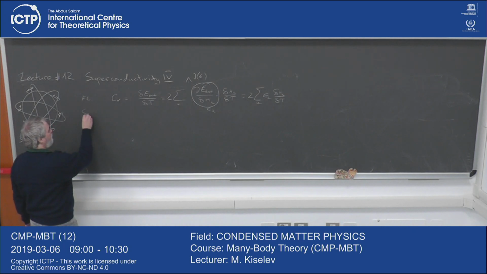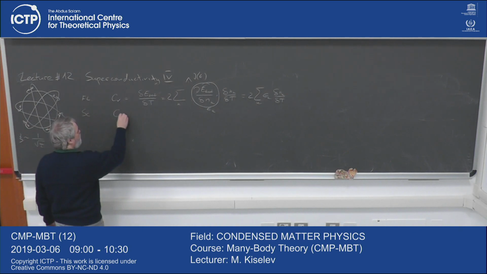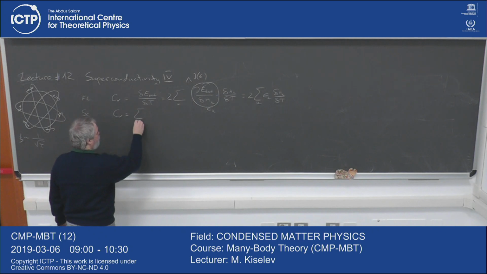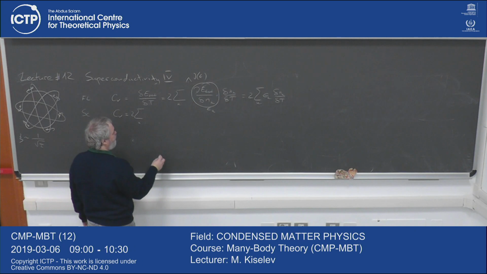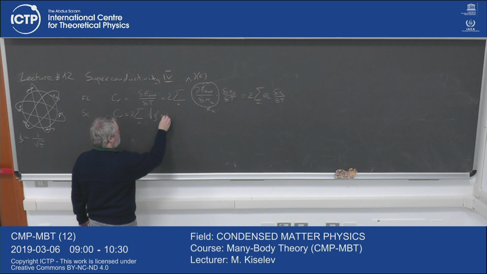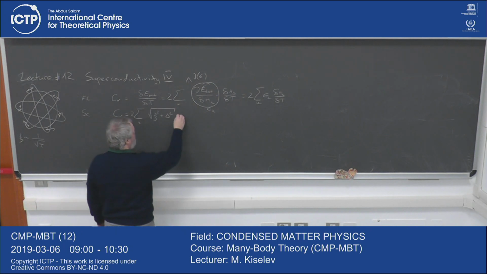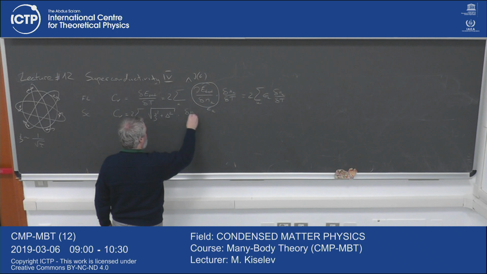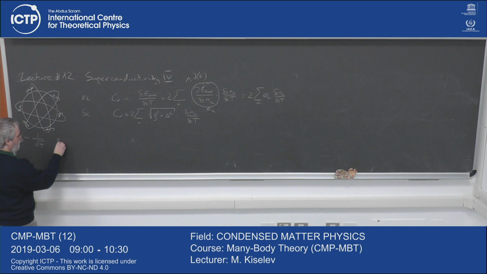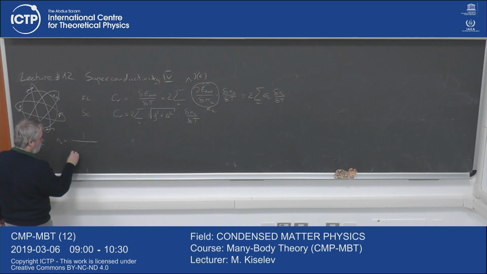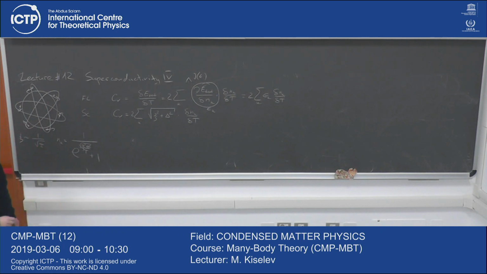So in a superconductor, we write the same. CV is sum over k, factor of 2, and we have this square root of xi square plus delta square times delta nk over delta temperature, where nk is the Fermi distribution function, 1 over e to the power square root of xi square plus delta square divided by temperature, plus 1.